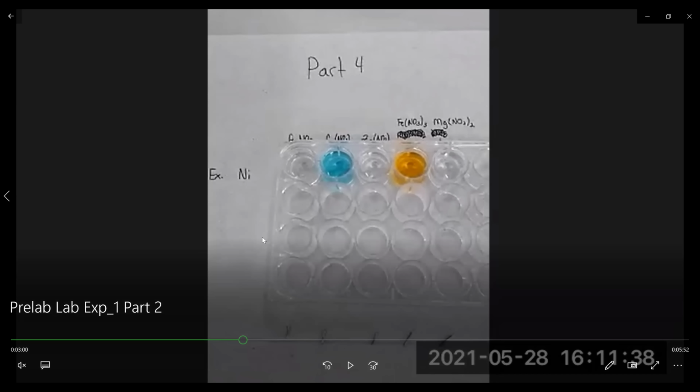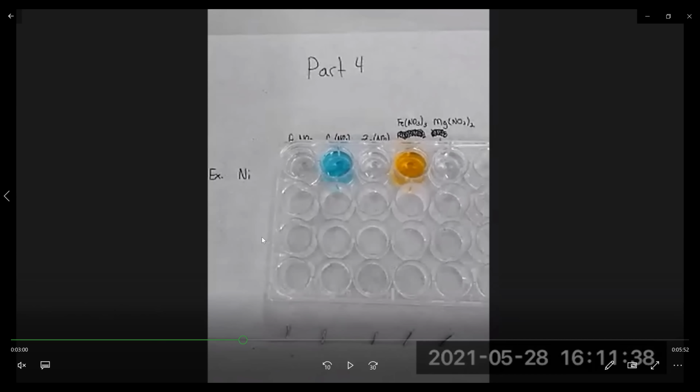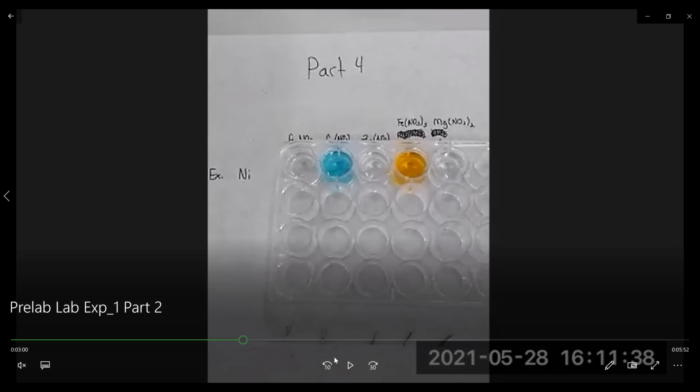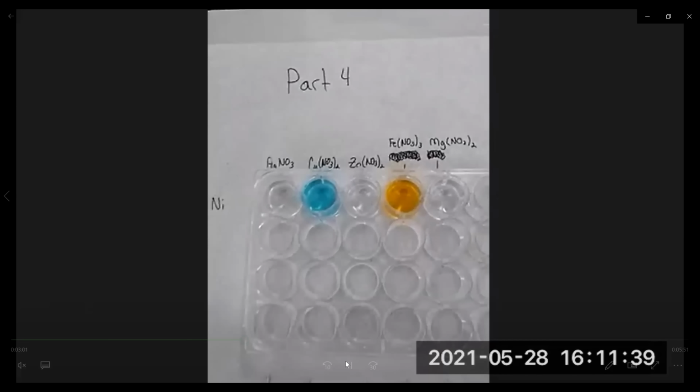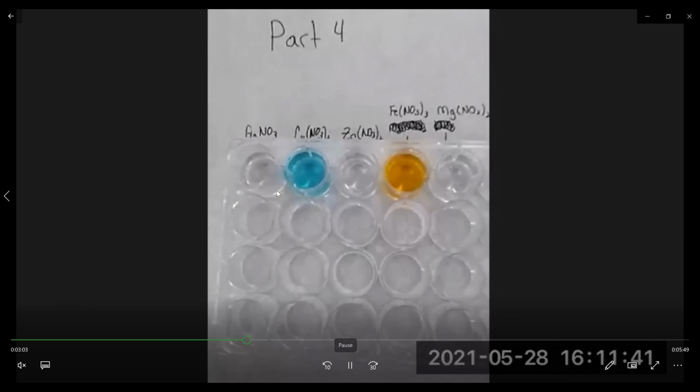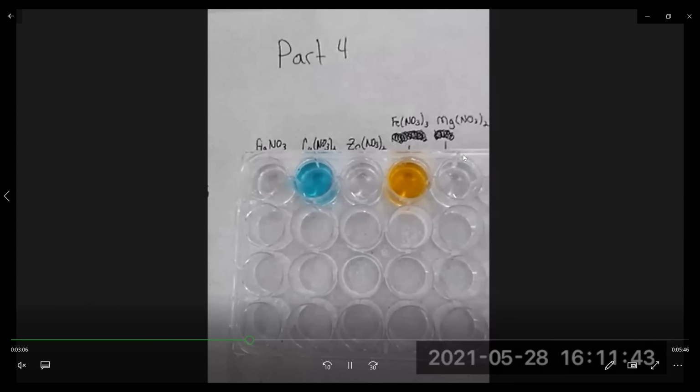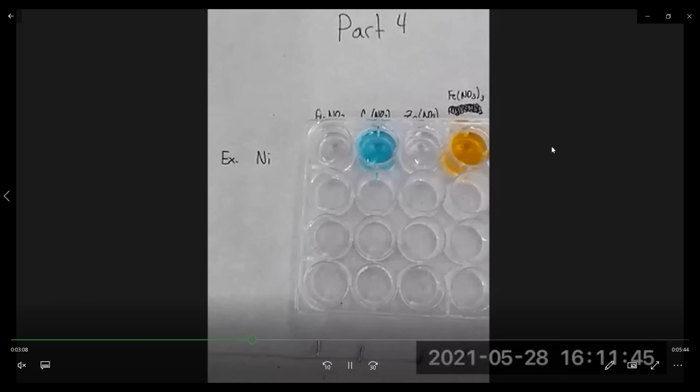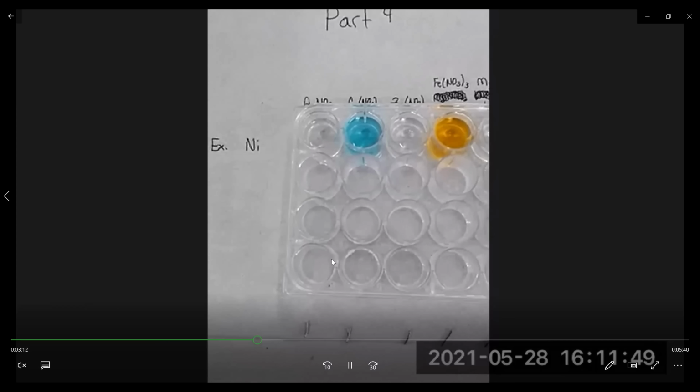Again, in the lab, your TA will assign you one of the different metals to put in each solution and to observe or record any observations that you notice. Again, we're using a cell well plate. We have the solutions in the respective cell wells with the labeling. And now we're going to take a piece of nickel and add it to each solution.